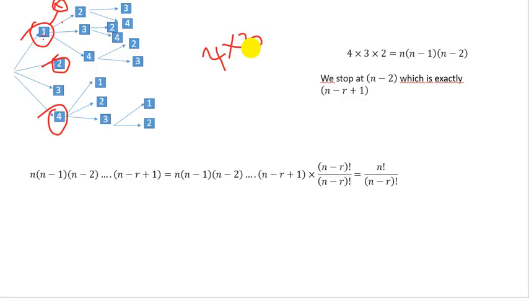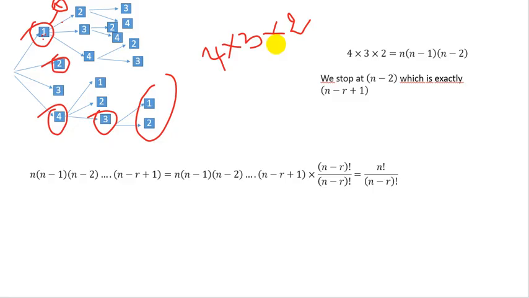And then if I want again another number, so for example here the first number is 4, the second is 3, the third cannot be 4, cannot be 3, it can only be 1 or 2. So again we multiply by 2.